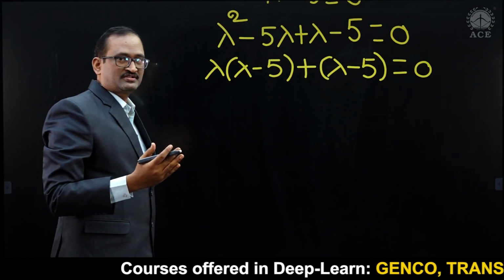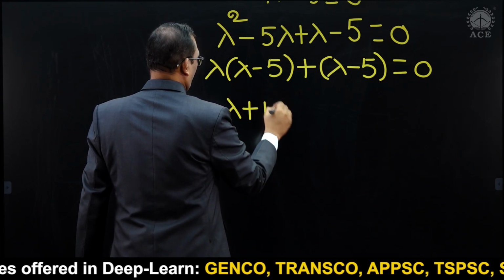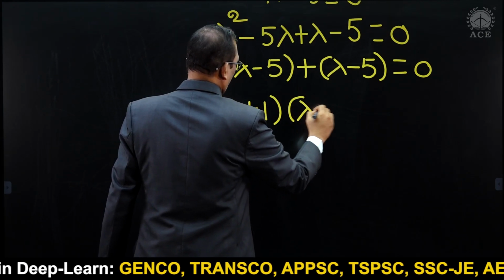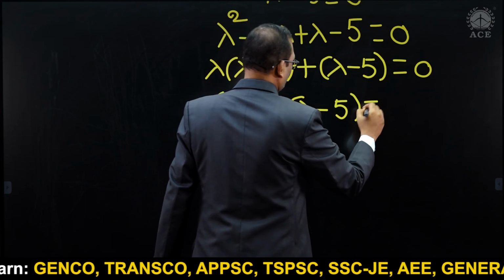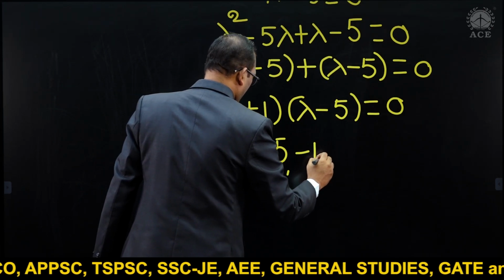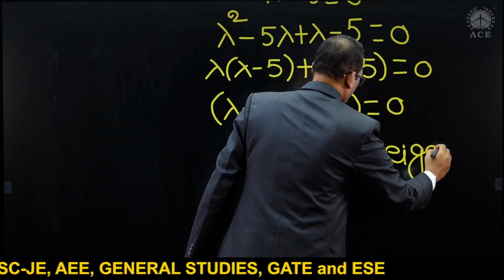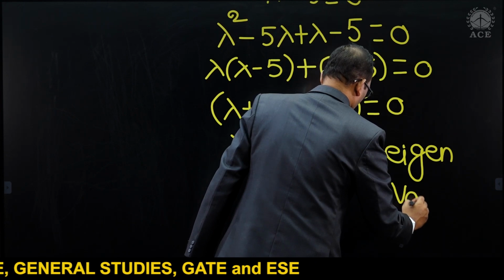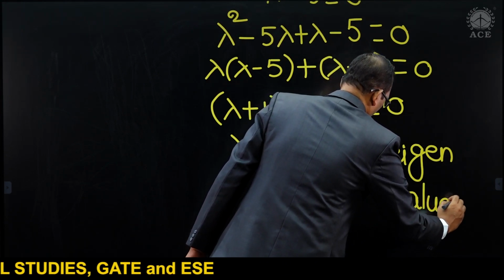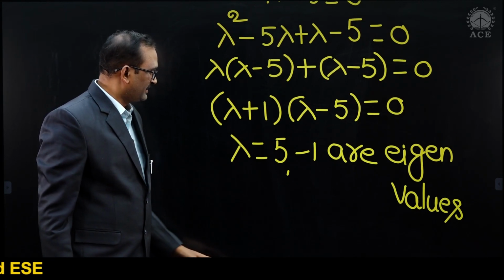Take out lambda minus 5 as a common factor. So lambda plus 1 into lambda minus 5 is equal to 0. Therefore lambda is equal to 5, minus 1 are the eigenvalues.